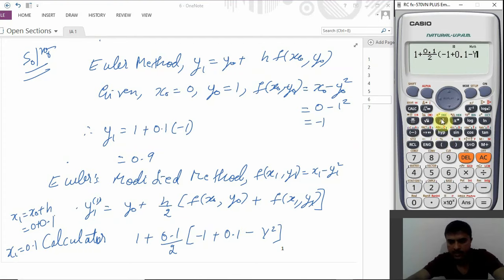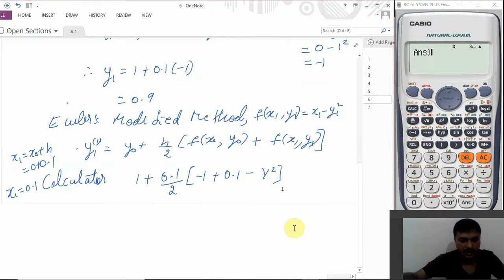It's 1 plus 0.1 divided by 2 bracket complete, minus 1 plus 0.1 minus alpha y square. This you have to fix in your calculator, say calculate. It's asking y value, 0.9 equal to, you can see 0.9145. If you get this answer, students, you will get full marks.